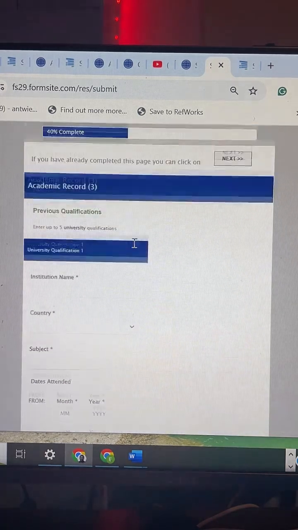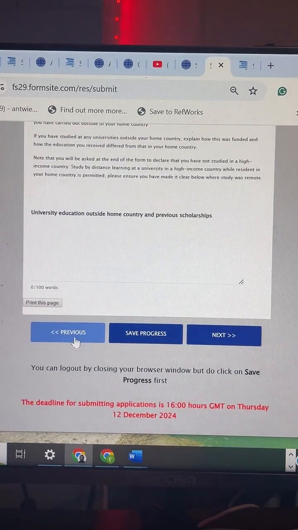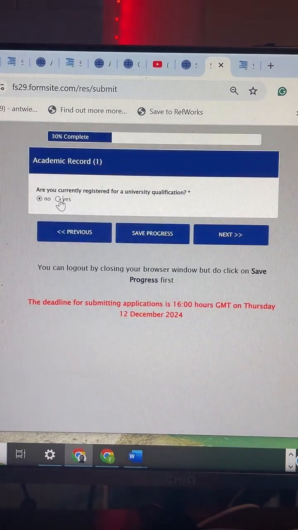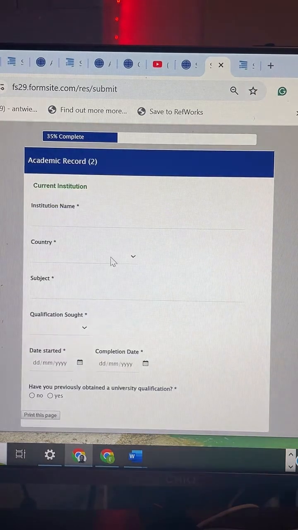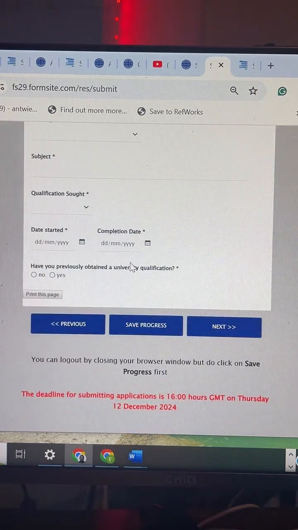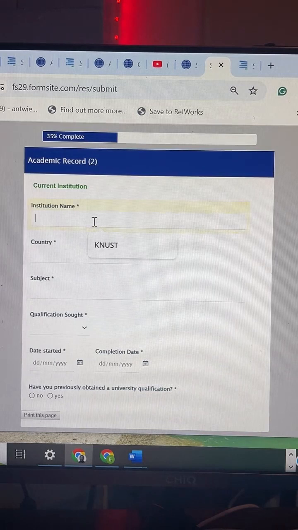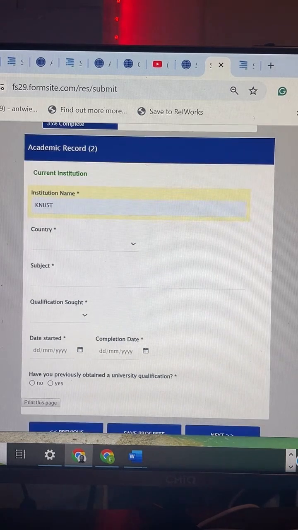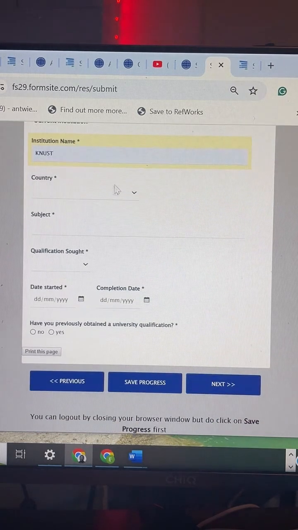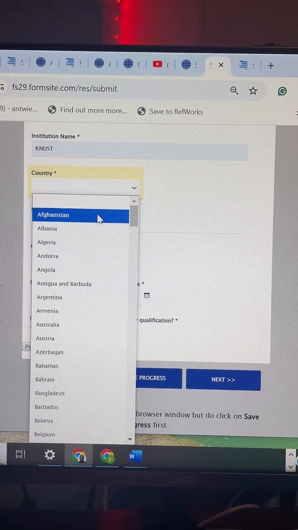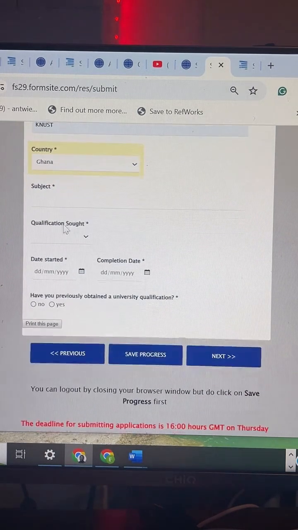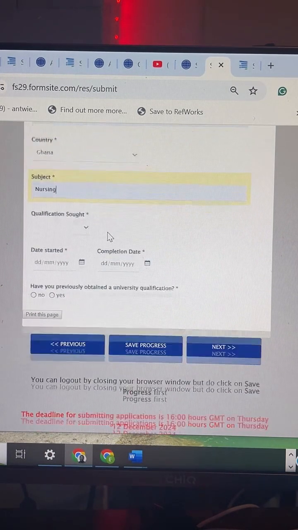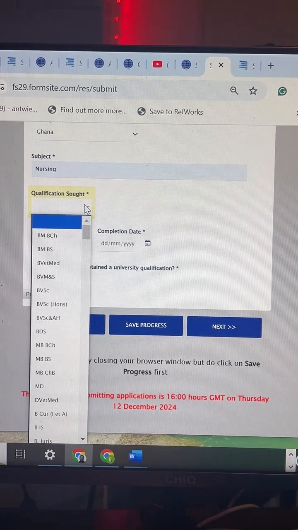Now, university education outside your home country, if you've studied outside your home country, then you state it here. So let me go back and then say that yes, are you currently registered for university qualification? And then they will also give you the option for you to type in something. So let's say I'm studying at K University at the moment, and then it is in Ghana.